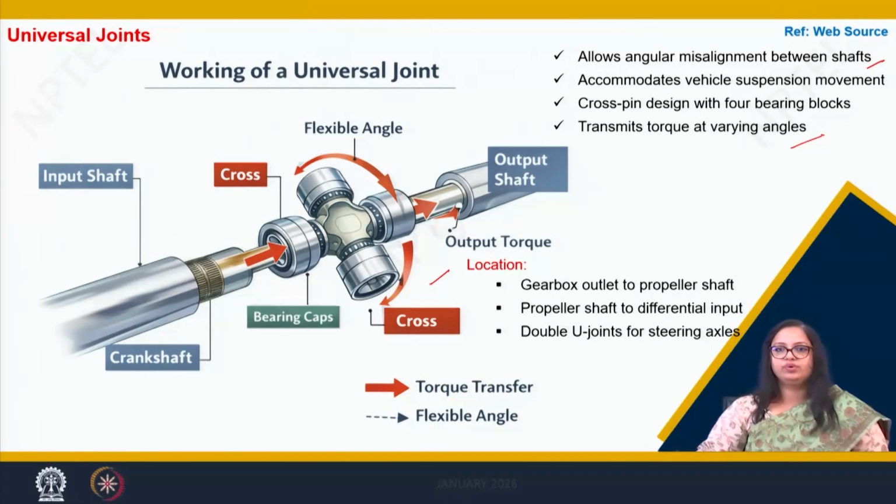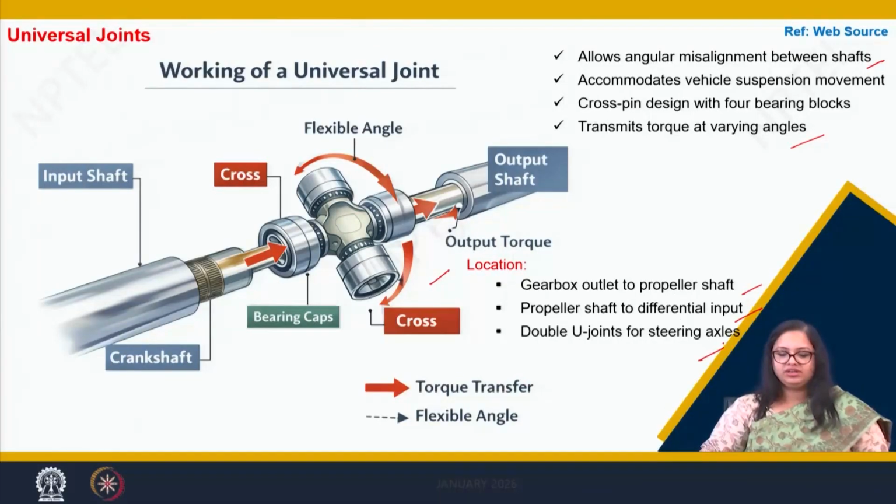So, where is it located? It is located at the gearbox outlet to the propeller shaft, and from the propeller shaft to the differential input. It is a double U joint that is used for steering axles.